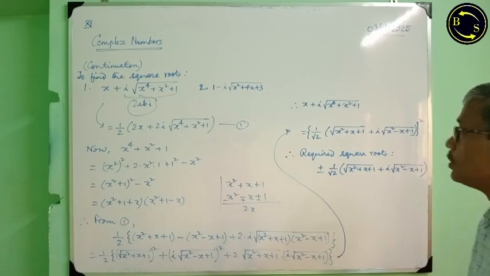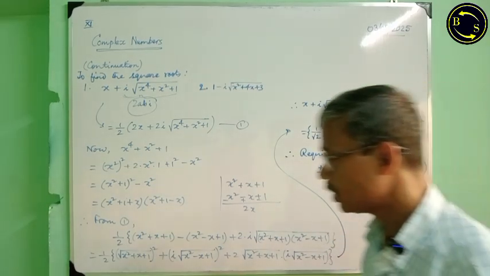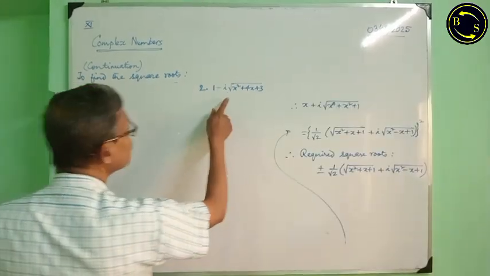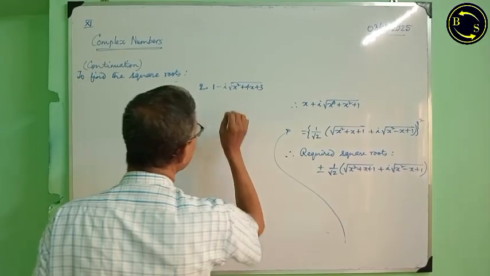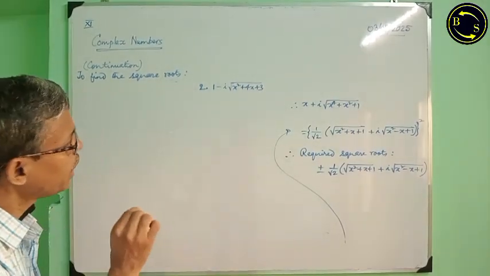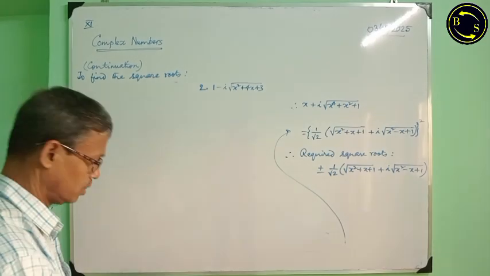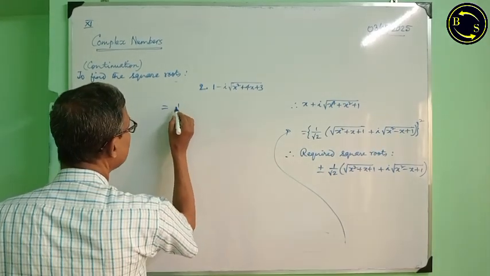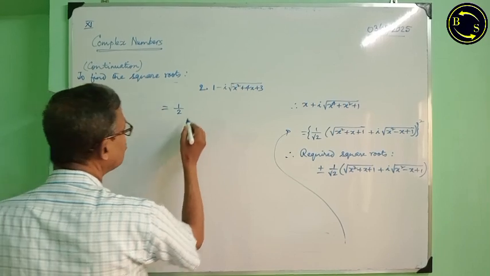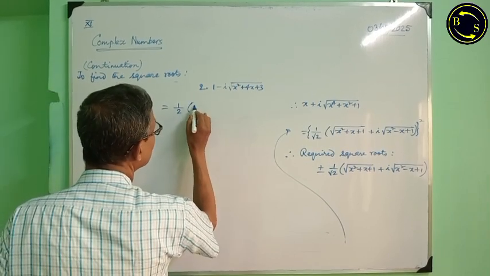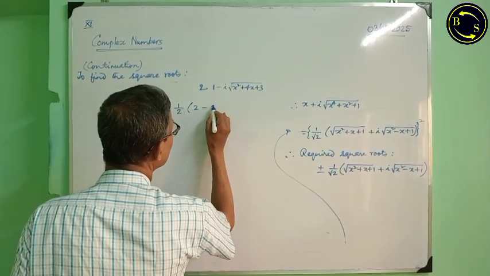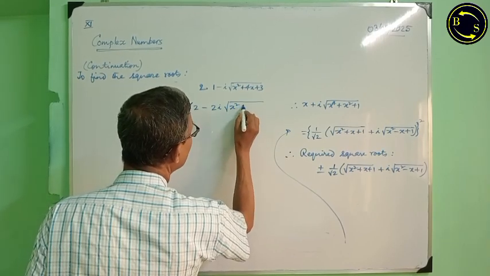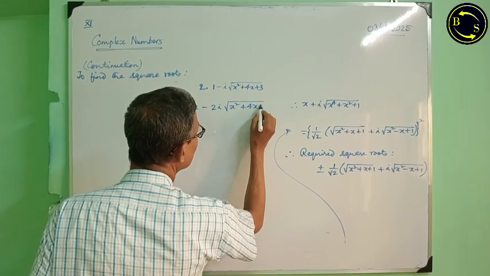The first term is solved. Now the second one. In this case also we find 2ab i is not there. Therefore the second step will be half within brackets 2 minus 2i x square plus 4x plus 3.